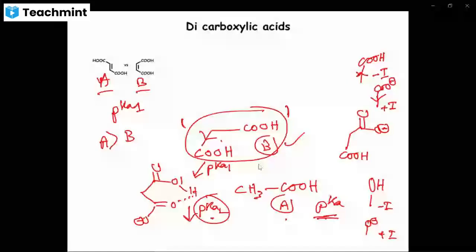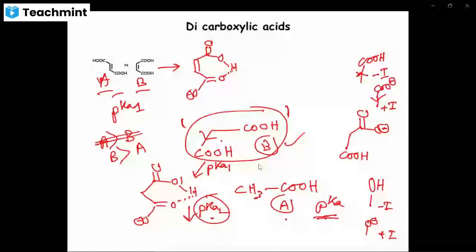So which one will be more acidic? Yeah, you said A, but it is B. B is more acidic, right? Because in the ground state also hydrogen bonding is there, but when it goes into the conjugate base form, the hydrogen bonding is even stronger, right? So for comparison of pK1, B is more acidic than A.